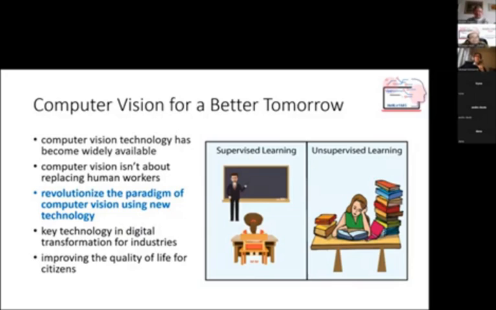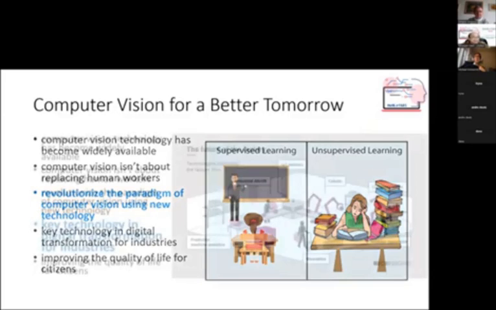However, new technology has revolutionized the paradigm of computer vision. In a major shift, computer vision research has changed the focus of the field away from the guaranteed success with human supervision onto new frontiers, self-supervised and unsupervised learning.